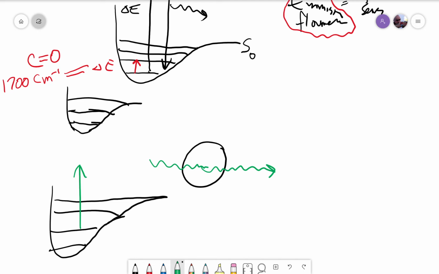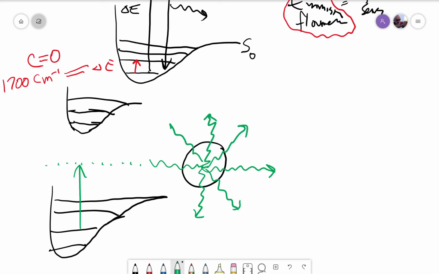But just because it didn't get absorbed by the molecule doesn't mean it didn't interact with the molecule. And some molecules, specifically those that have changes in polarizability as the bond stretches, have been observed to redirect those photons.